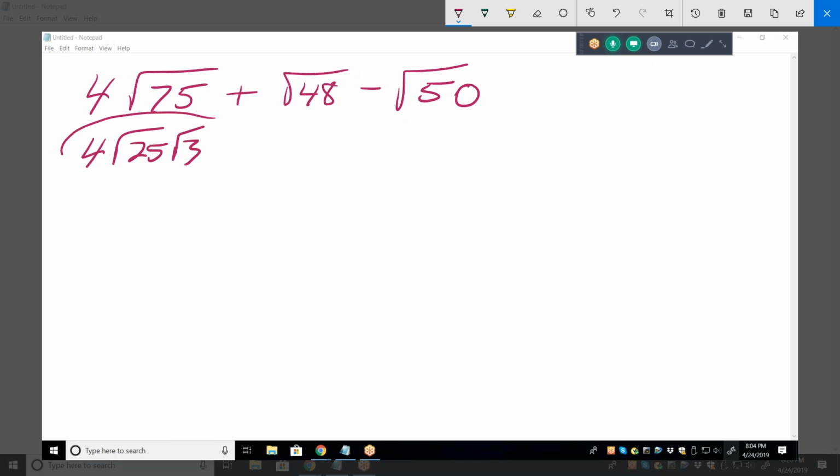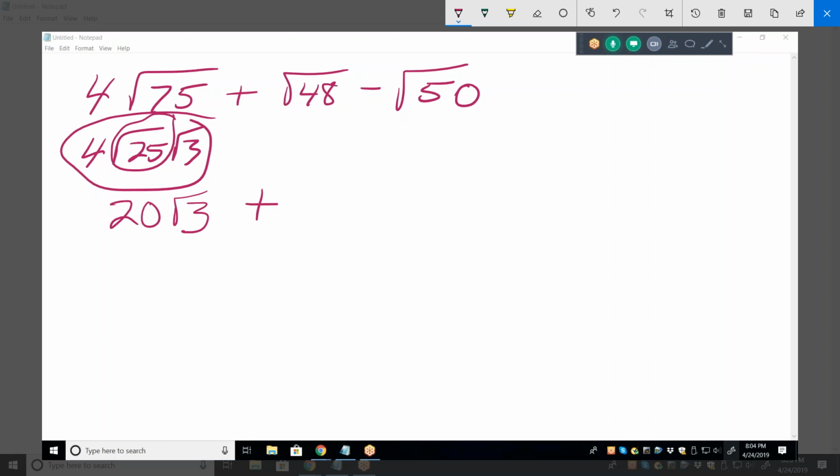What does that turn into? That would be 4 root 5 root 3. It'd be 4 times 5 root 3. That is the number 5. So that becomes 20 root 3. Right.